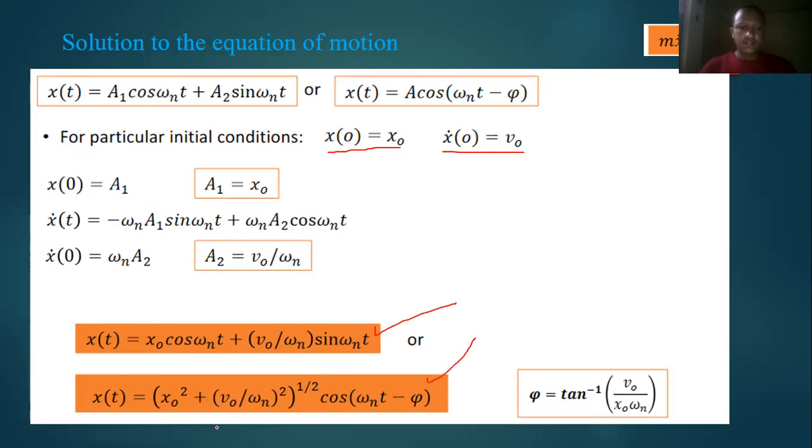Then we have to use the A value, that is A equals the square root of A1 squared plus A2 squared, and phi is equal to v naught over x naught omega n, that is A2 over A1.